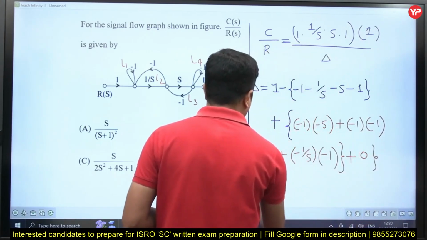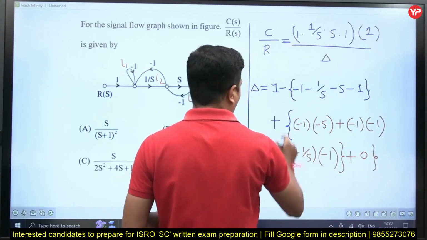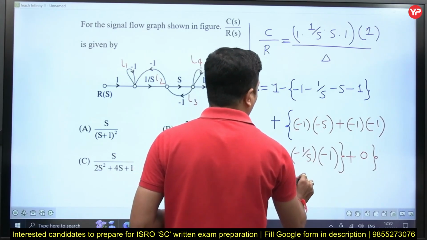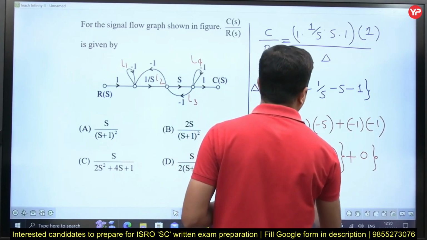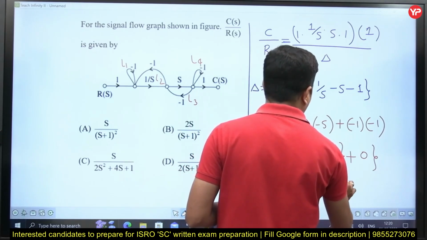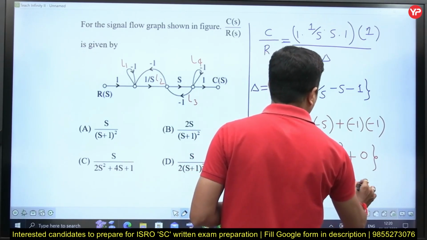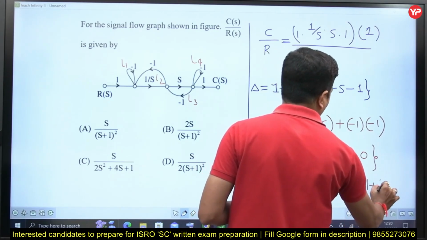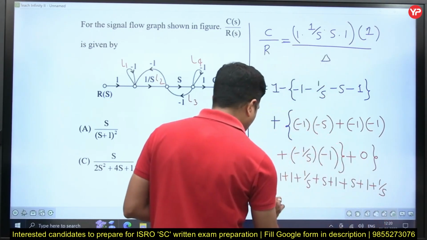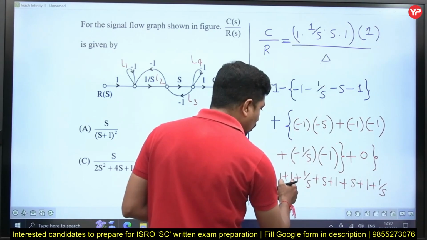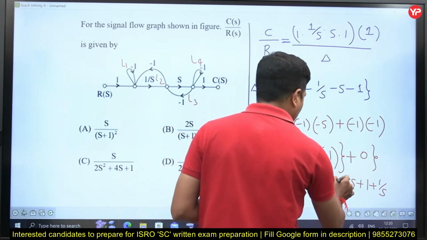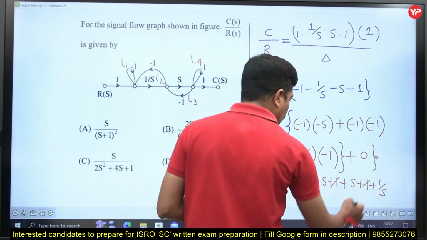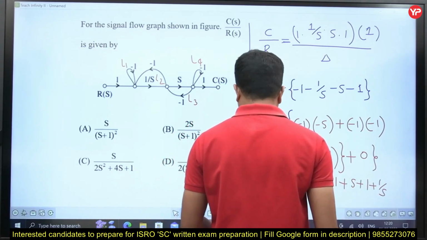Now how much is delta? Delta is equal to 1 plus 1 plus 1 plus 1 plus 1 by S plus S plus 1 plus S plus 1 plus 1 by S. So 1 plus 1 is 2, plus 1 is 3, plus 1 is 4, total 4 ones are there.